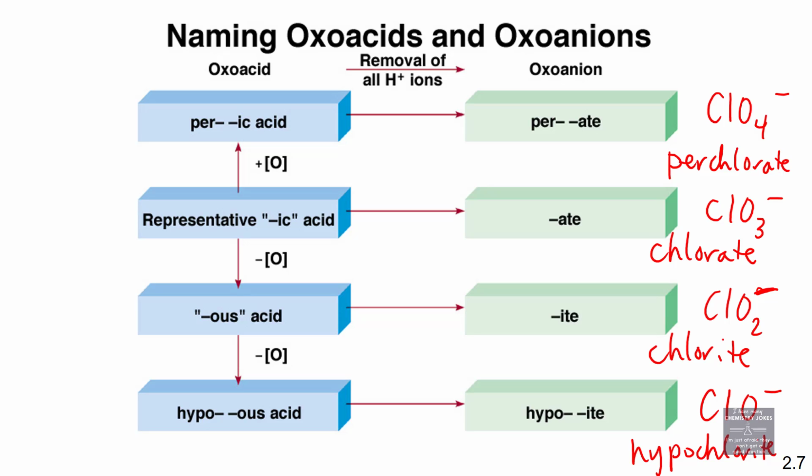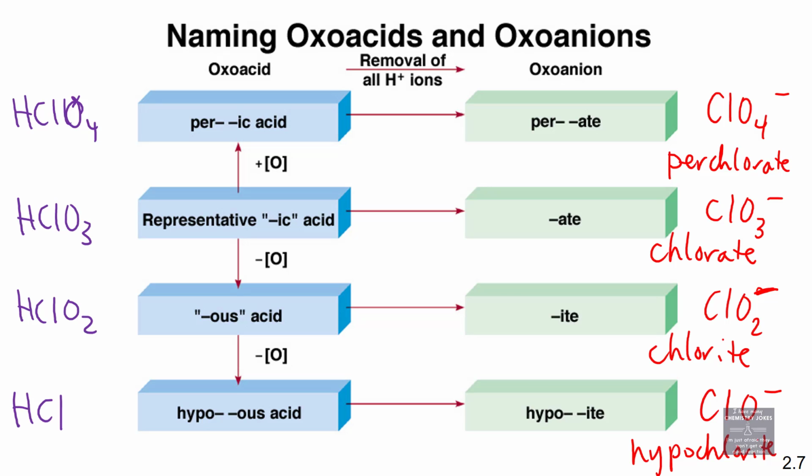So if you talk about the acid version of these, you add enough H's for it to become neutral. So that's HClO4, HClO3, HClO2, HClO. So according to the rules, if it's a per-ate, the name is per-ic acid. So this is perchloric acid.